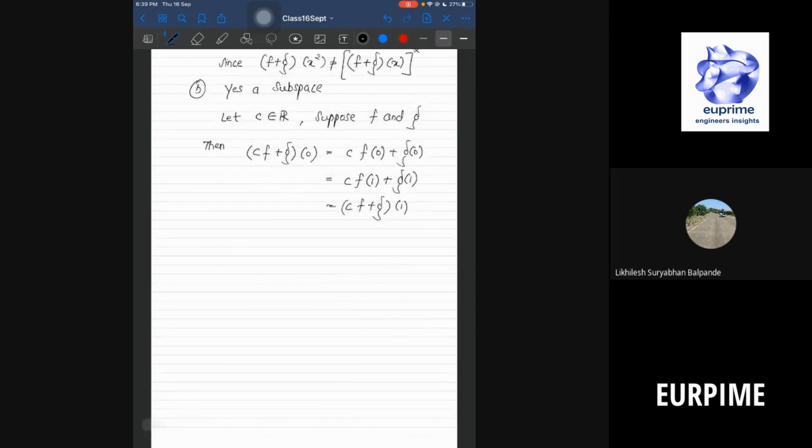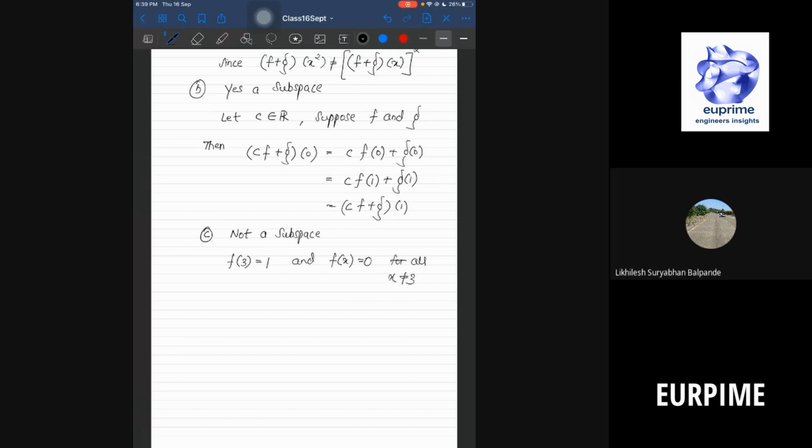Let us look at question C. This does not form a subspace. Here let f of x be a function defined by f of 3 is equal to 1 and f of x is equal to 0 for all x not equal to 3.